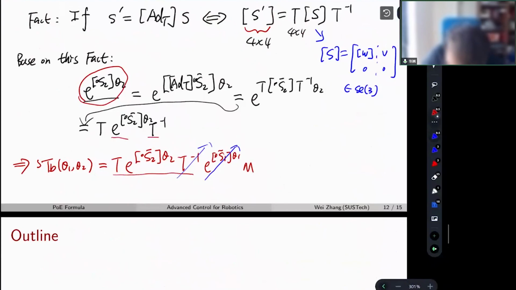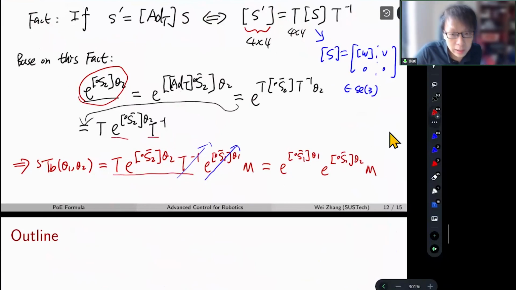So overall, T is e to the S1 0 bar theta 1, times e to the S2 0 bar theta 2, and this canceled, times M. We still have the same result, although we start from a different order. Any questions?